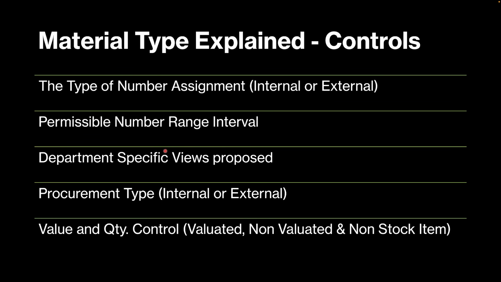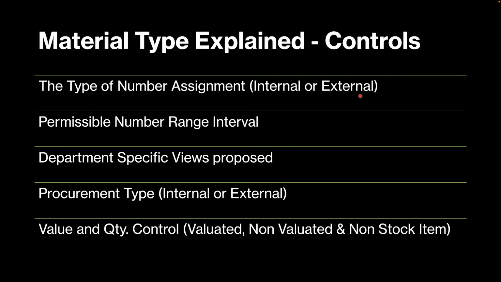So you can see here the material type has multiple controls. The material type basically decides whether the number assignment will be internal or external. That is, when you create the material code, the system will either assign an automatic number to your material master or will ask you to enter the number manually. So when you are asked to enter the number manually, it means that that material type is configured for external number assignment.